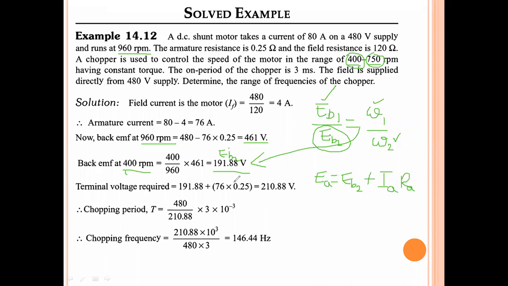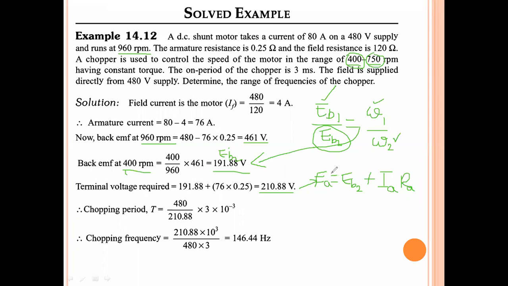Here RA is 0.25 and IA is 76, but EB at 400 RPM is 191.88 volts. If you simplify this, you will get 210.88 volts as the average voltage of the motor at 400 RPM.